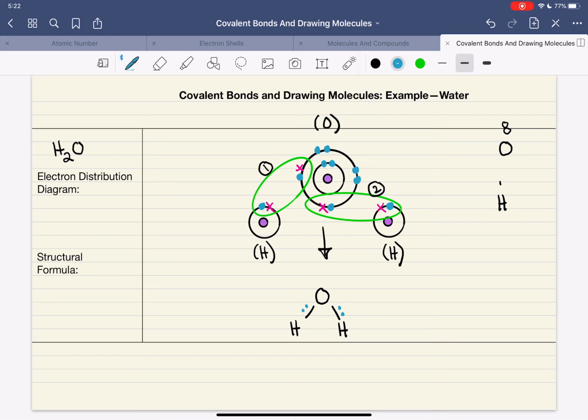Oxygen is going to win these 2 tug-of-war battles with the hydrogen atoms because oxygen is really strong, really loves its electrons. So let's better illustrate that. So in reality, those electrons are going to be more over here, closer to oxygen.